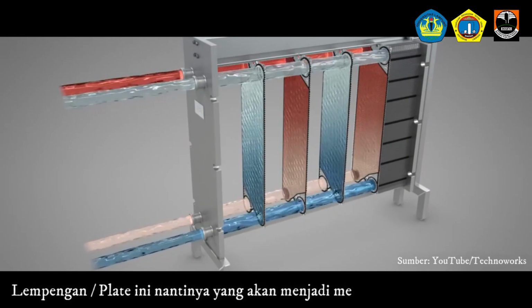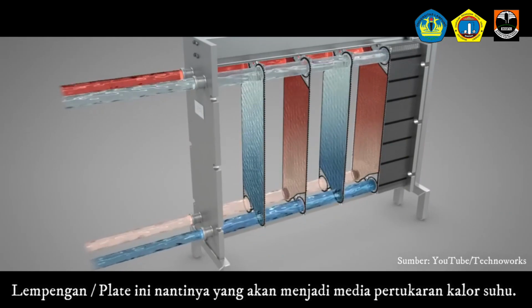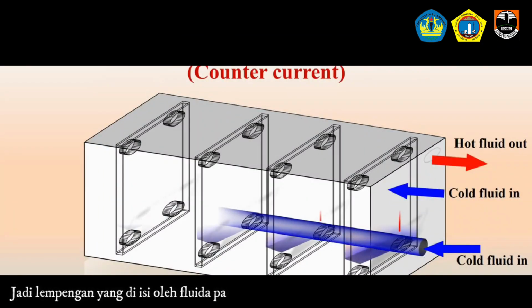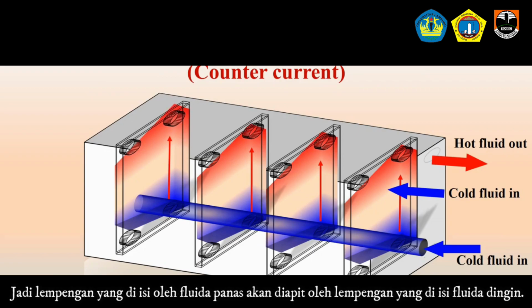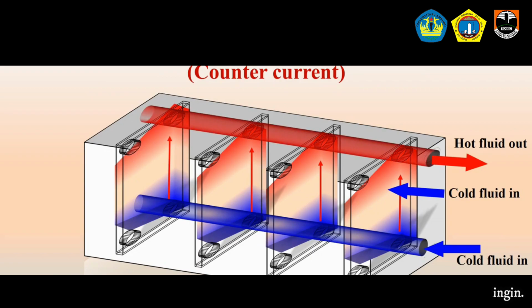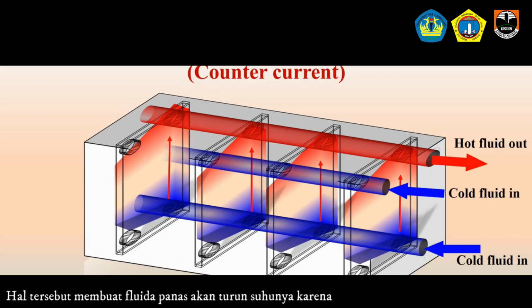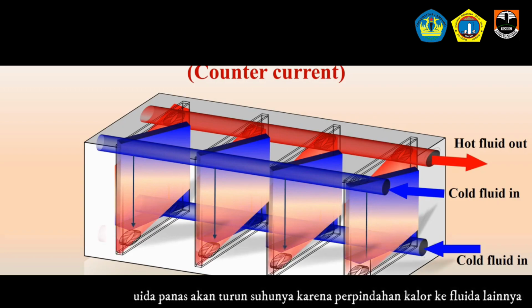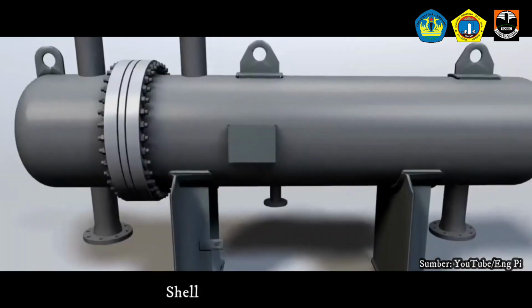These plates become the medium for heat exchange. So, a plate filled with hot fluid will be flanked by a plate filled with cold fluid. This causes the hot fluid to drop in temperature due to heat transfer to the other fluid.